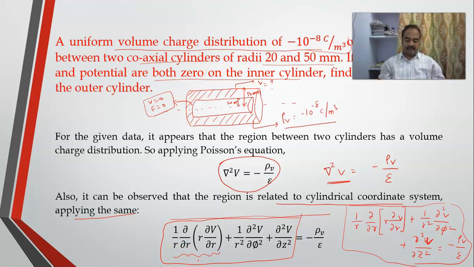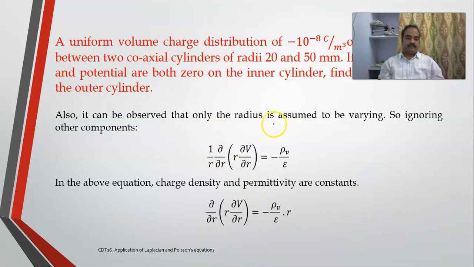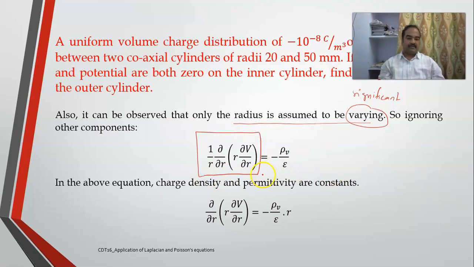I'll assume that the fields extend only onto the lateral surface region, so only the radius is varying or significant. So this is my new modified Poisson's equation, which is applicable to this particular configuration.